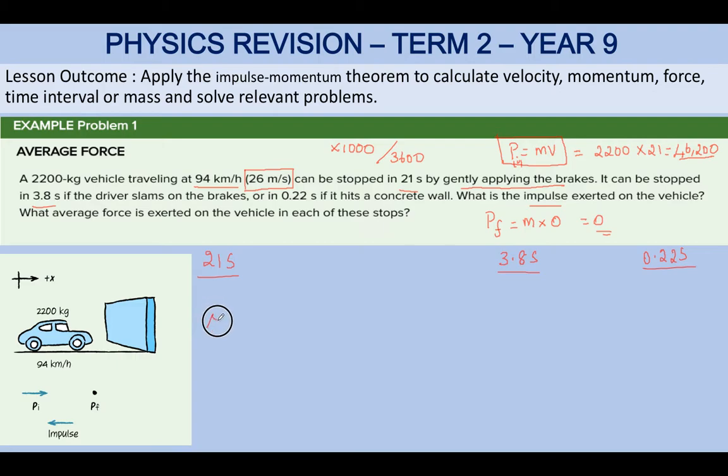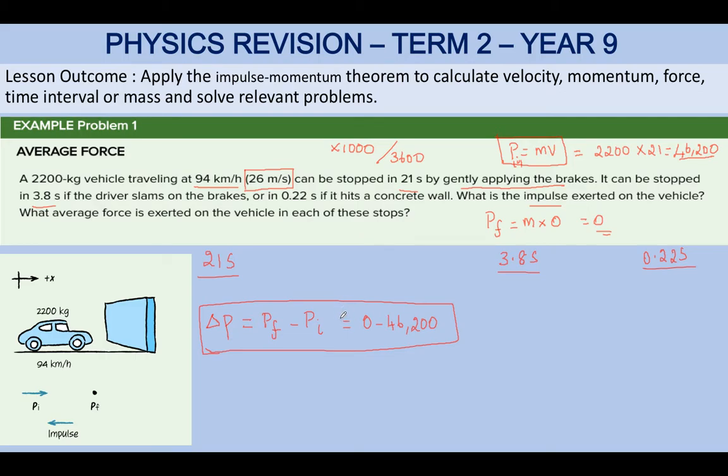So the change in momentum, that is delta P, will be equal to P final minus P initial, right? So that's equal to 0 minus 57,200. Now this is the change in momentum when the object comes to a complete stop.